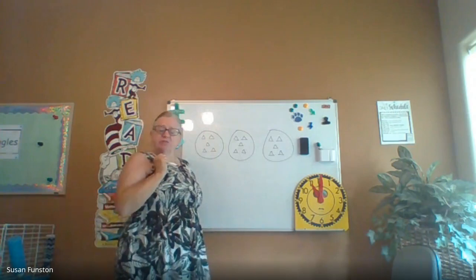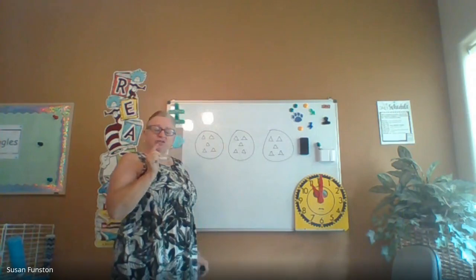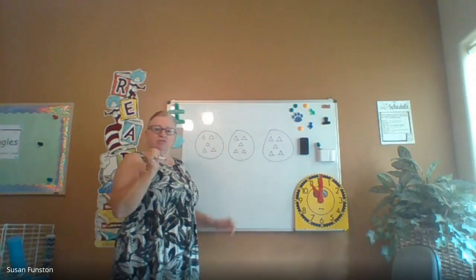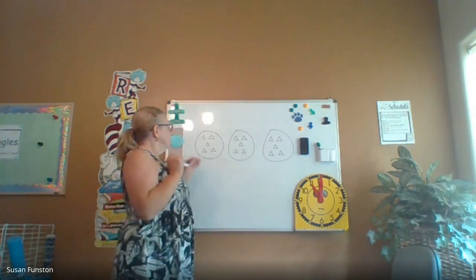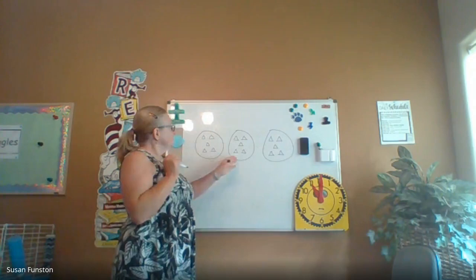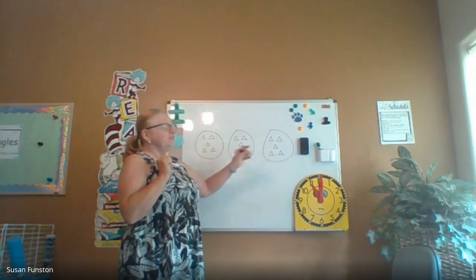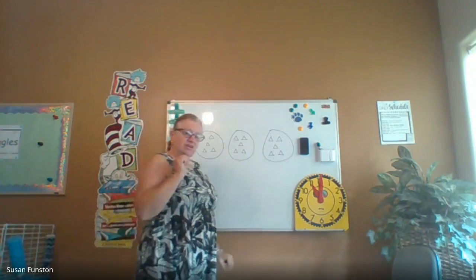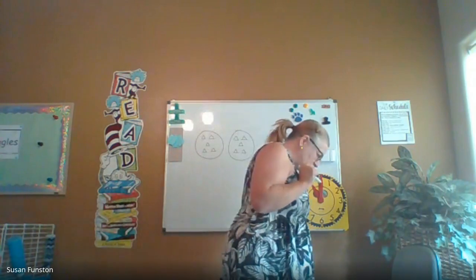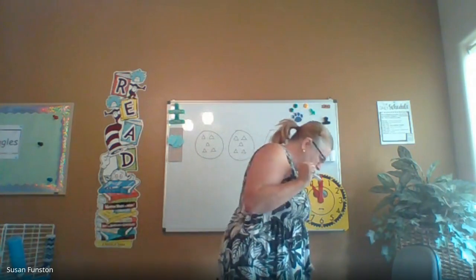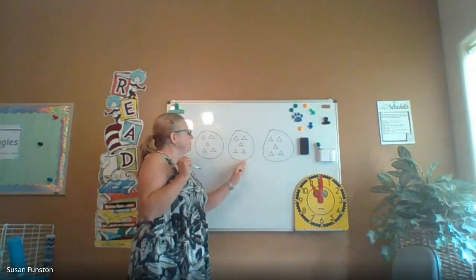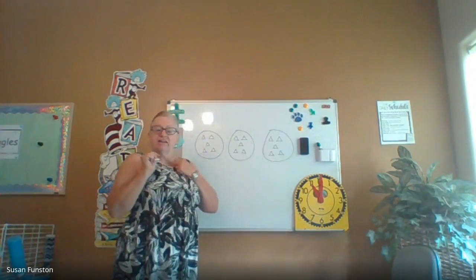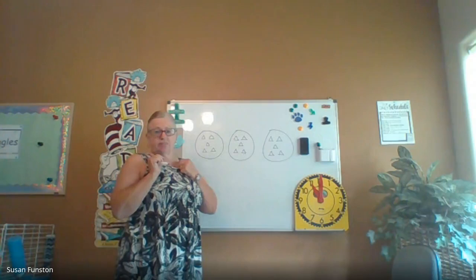So the first thing we need to look at if we're going to use multiplication is what? Do we have equal groups? So I have 5 here, 5 here, 5 here. So yes, I have equal groups, so I can use multiplication or I can use addition. So if I was going to use addition, I have 5 and 5 and 5. What would my addition sentence look like?